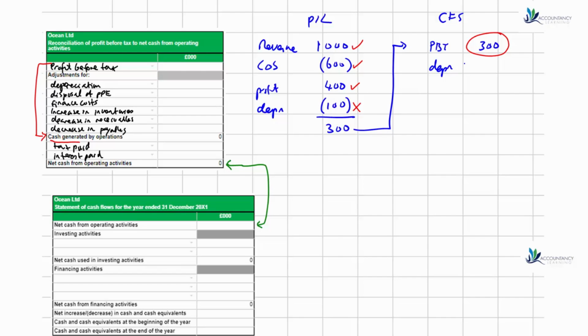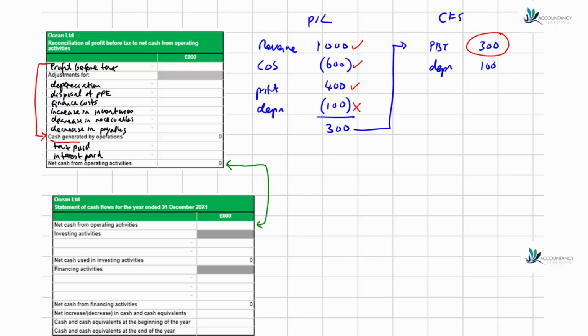In the profit and loss account, it's shown as a negative number. That's a minus 100, isn't it? And so what we need to do is just add back that in our cash flow statement. So any expenses in the profit and loss are positive adjustments at the top of our cash flow statement.